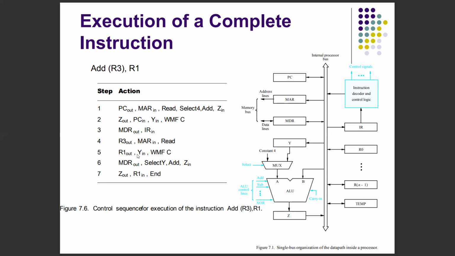So now we have the data of R1 and the memory operand at both A and B of the ALU. Then we perform the add operation. Then we transfer the result to Z in, and from Z out we transfer the result and store it back into the R1 register on the right side. So this is the execution of a complete instruction with the help of a single bus system.